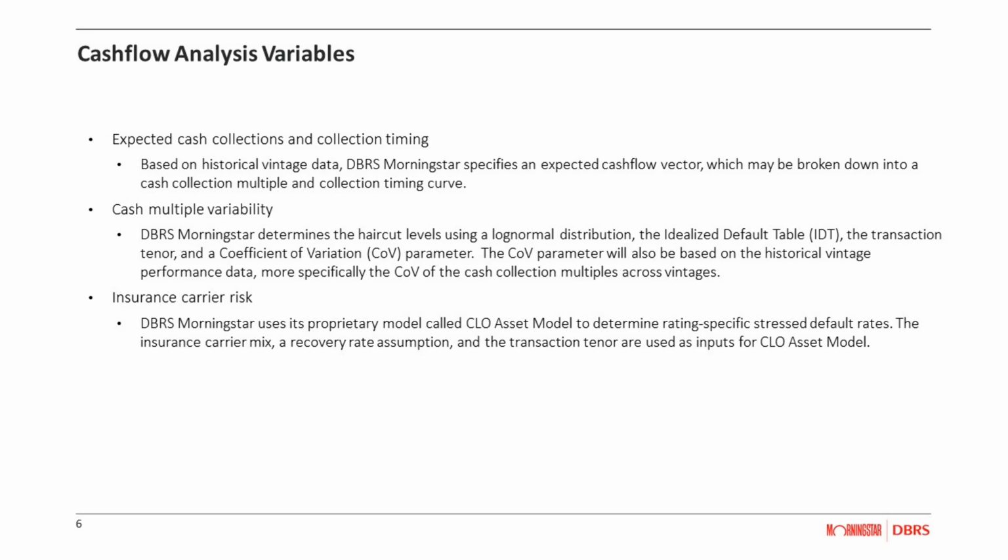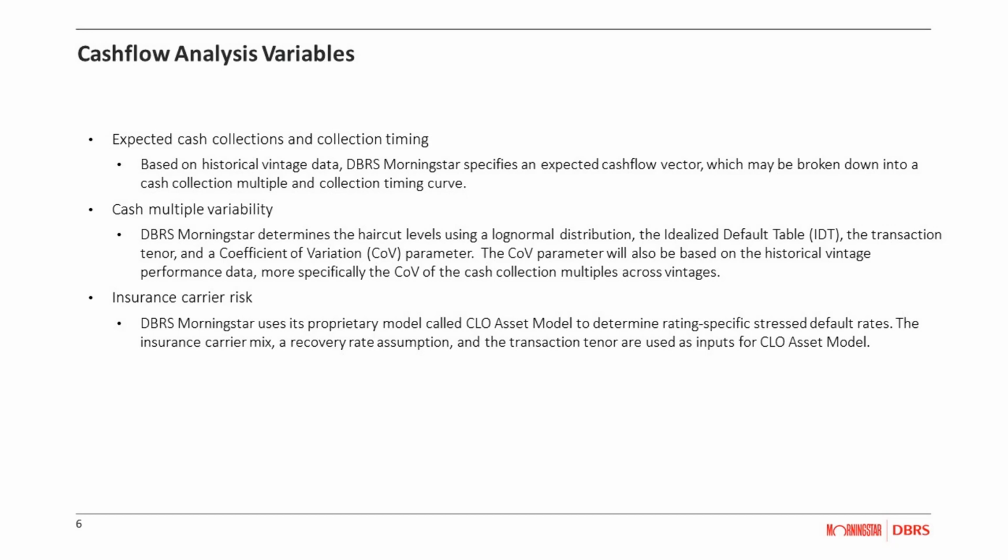And secondly, cash multiple variability. DBRS Morningstar applies stresses to the expected case to reflect the variability of cash multiple. And the stresses are determined based on the originator's historical variability in collection, as measured by the coefficient of variation. In other words, the standard deviation of cash multiples across different vintages divided by the mean cash multiple.